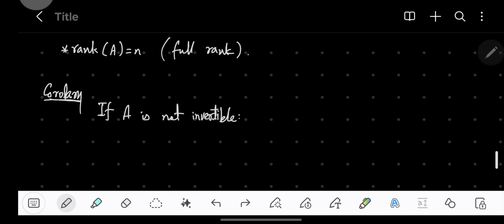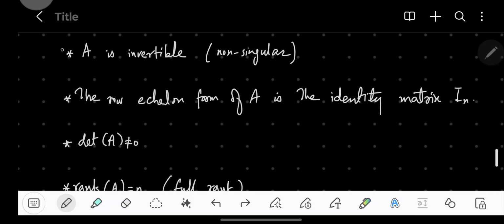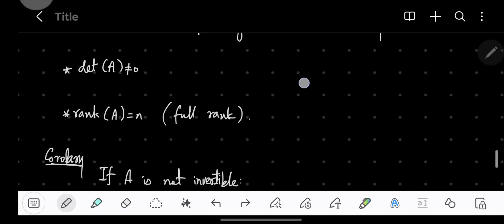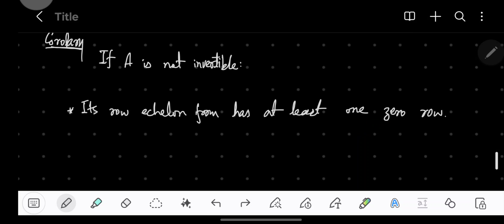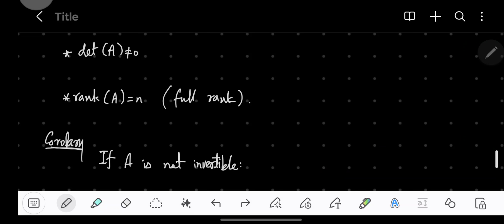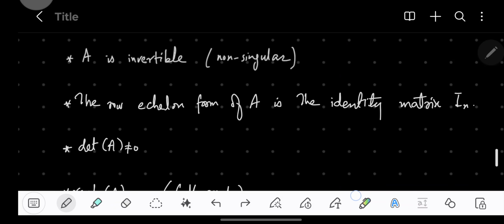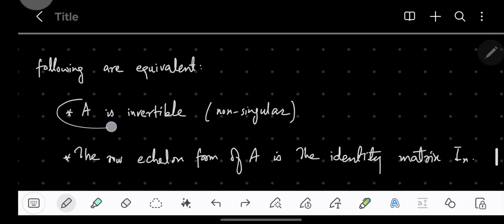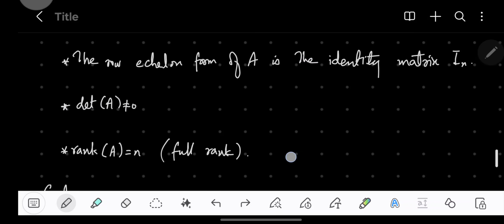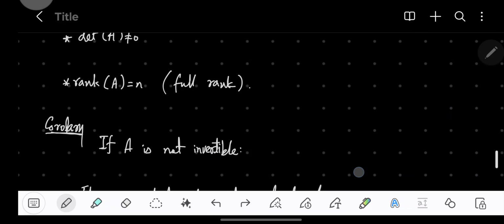It says that if A is not invertible, just flip the whole of this statement. If A is not invertible, then again the following are equivalent. So the first one is that its row echelon form has at least one zero row. Previously we supposed that A is non-singular, in other words, A is invertible, but here we are saying that A is non-invertible.